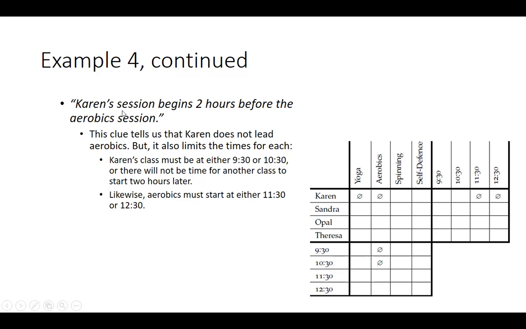So Karen must be at either 9:30 or 10:30, so she can't be 11:30, she can't be 12:30. And aerobics has to start at either 11:30 or 12:30, so it can't be 9:30, it can't be 10:30.